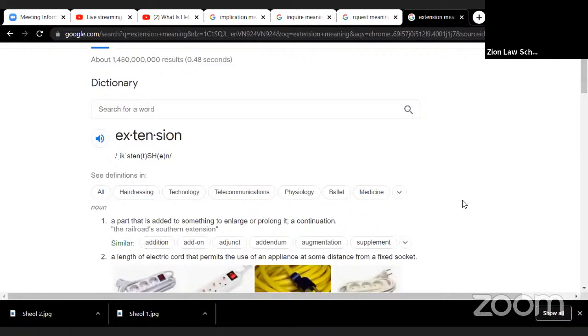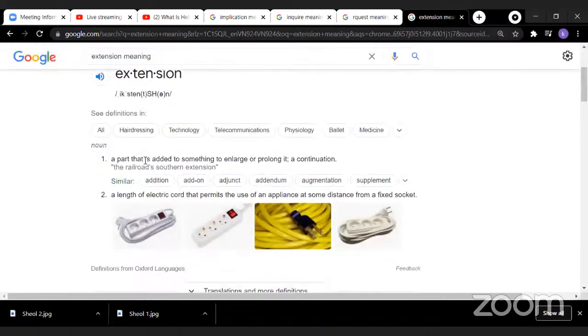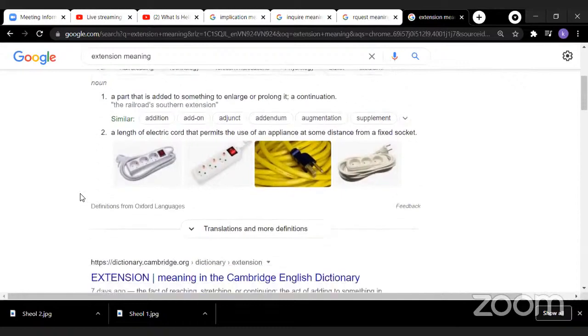Does someone want to present this one? Louis? Okay, extension: a part that is added to something to enlarge or prolong it; a continuation, addition, add-on, adjunct, addendum, augmentation, supplement; or a length of electrical cord that permits the use of an appliance at some distance from a fixed socket.